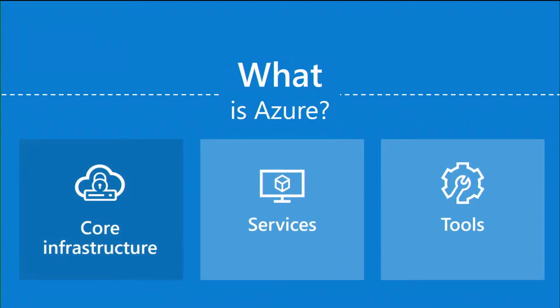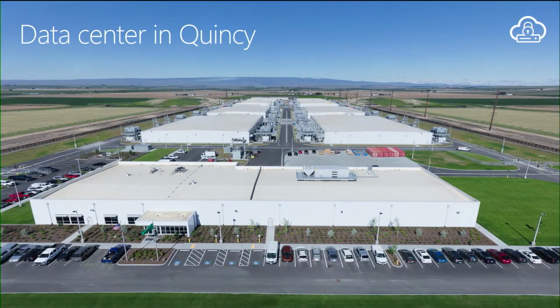What Azure really is, is a set of core infrastructure, services, and tools that would allow you to run your business in the easiest and fastest way possible. Many of you probably already know this, but core infrastructure is really data centers. What you're looking at here is actually a single data center.